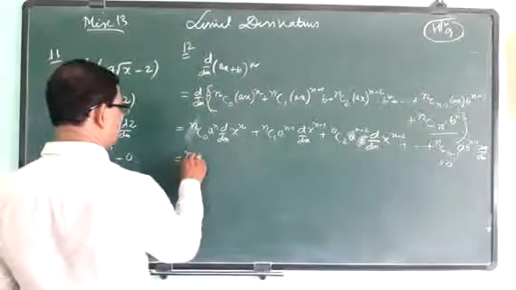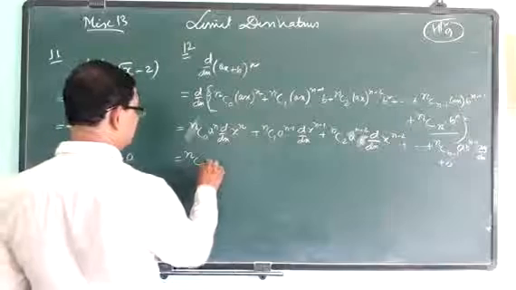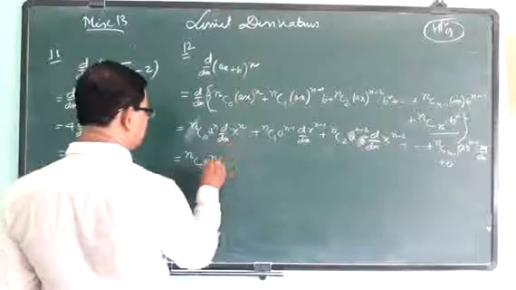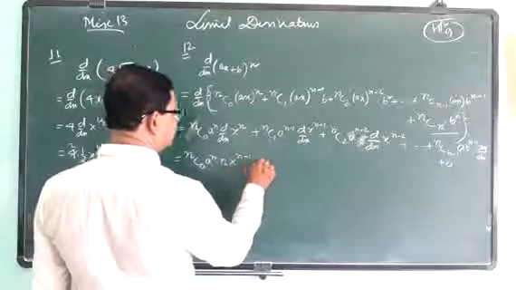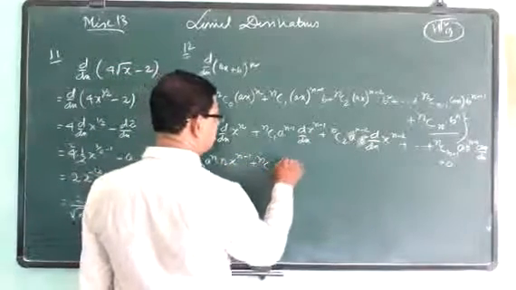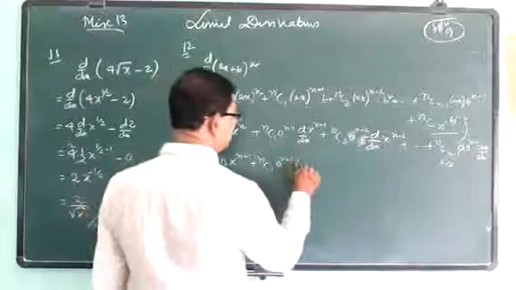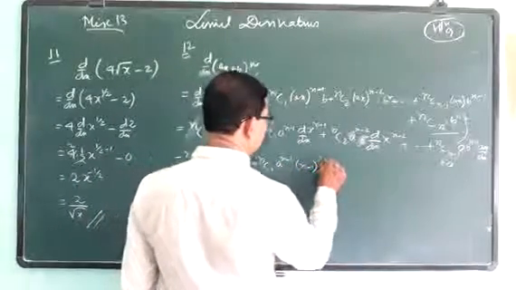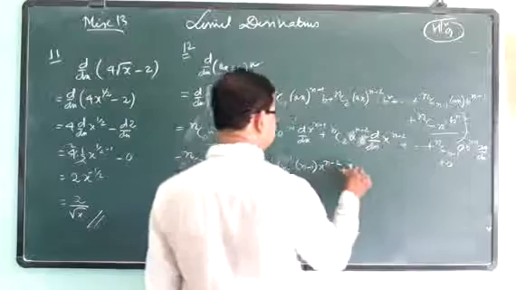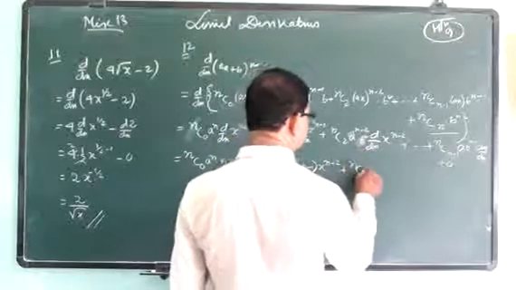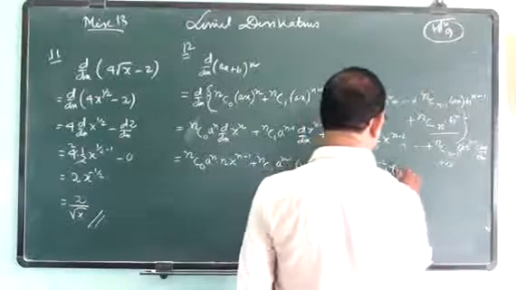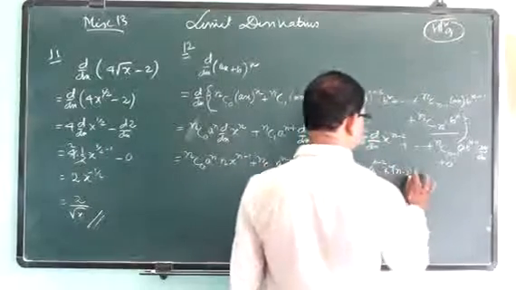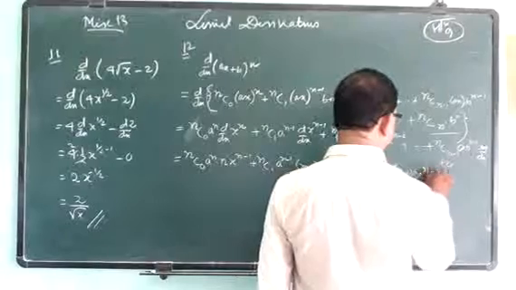Then what will come? nC0 a to the power n, this will be n into x to the power n minus 1, nC1 a to the power n minus 1 times (n minus 1) x to the power n minus 2, using the formula. In this way nC2 a to the power n minus 2 b square times (n minus 2) x to the power n minus 3.